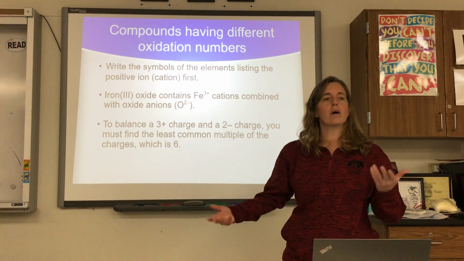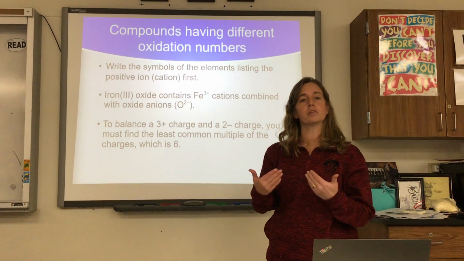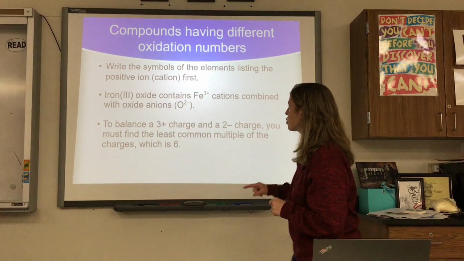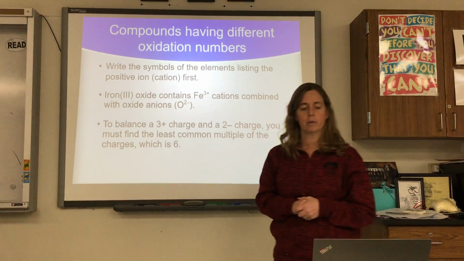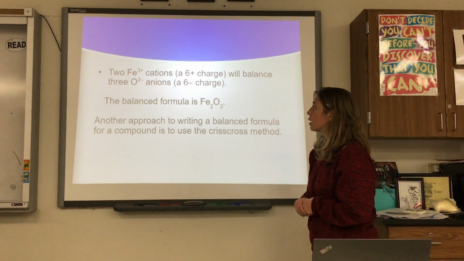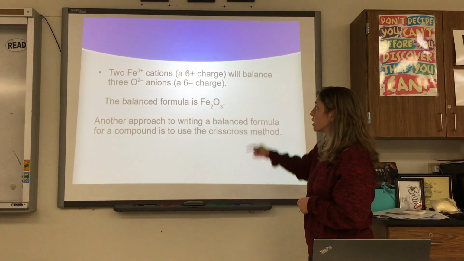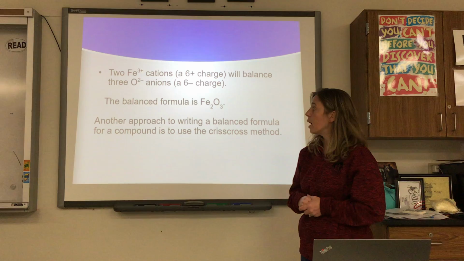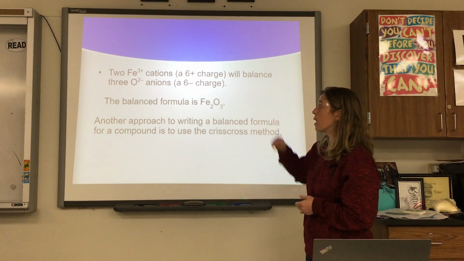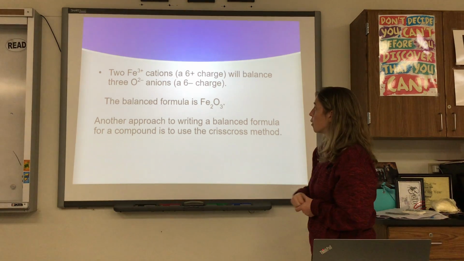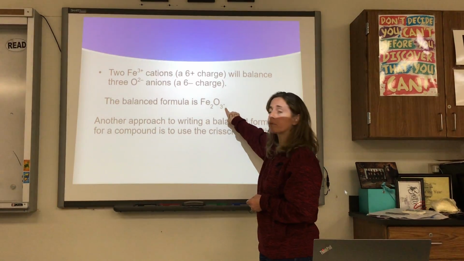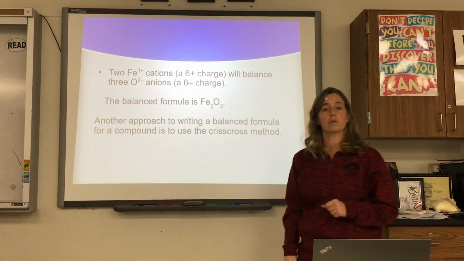We all know that the common multiple of 3 and 2 is 6. So how would I make those charges both 6? Well, let's see. 2 iron ions would equal a plus 6 charge, and 3 oxide ions would equal a minus 6 charge. So when we write the balanced formula, it's going to be 2 irons and 3 oxygens to balance out those charges.